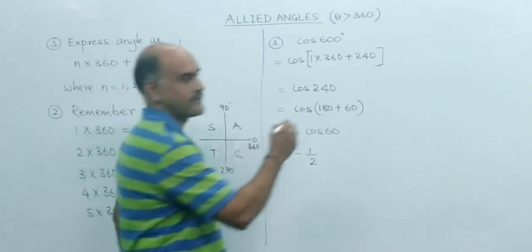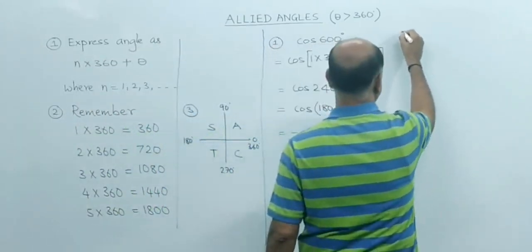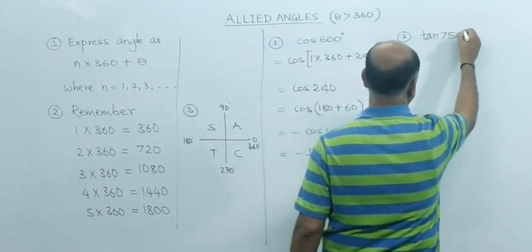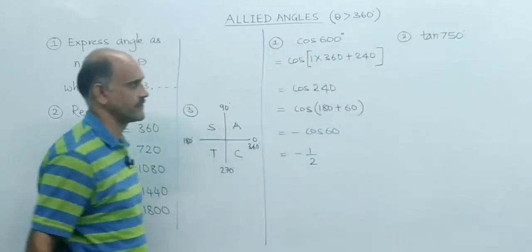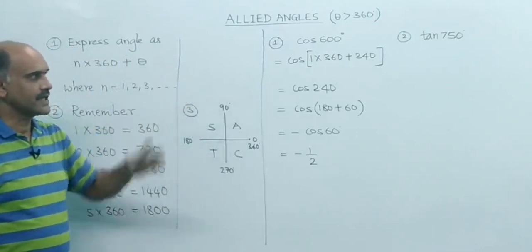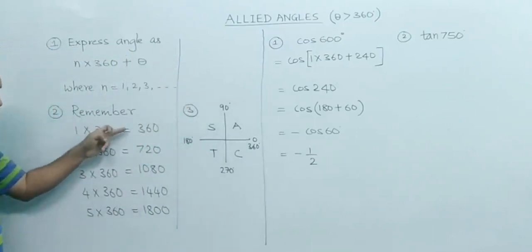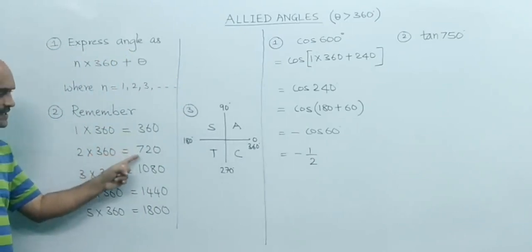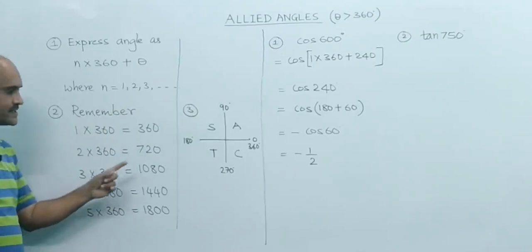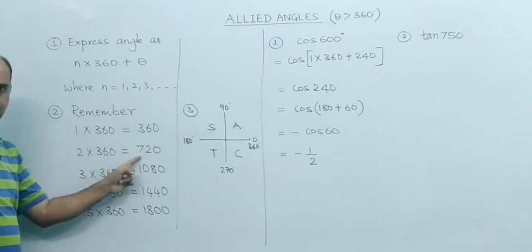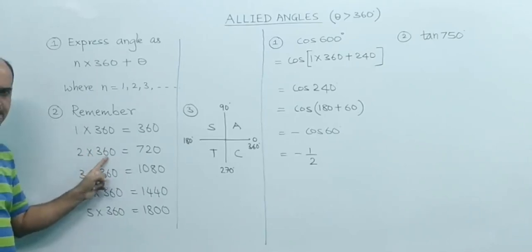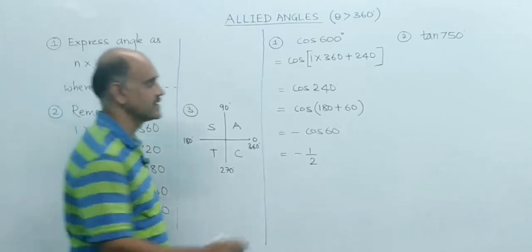Similarly, the second one, tan 750. Now again you see, students, 750 is greater than which value? 750 is greater than 720. How much greater is it? Just 30 degree. So 750 I can write as 2 into 360 plus 30. Clear?